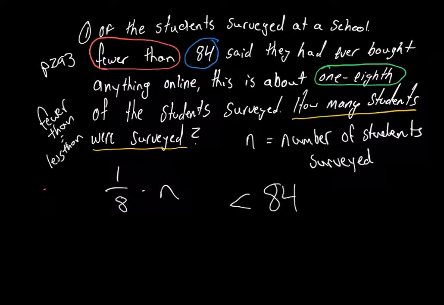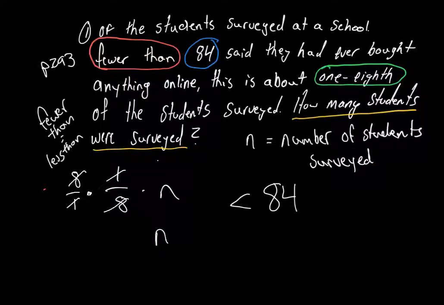Remember when we were doing equations, to do the inverse, the inverse of multiplication right here would be division. So we have to divide by 1/8. But remember, when we divide by a fraction, it's the same as when we turn it upside down and we multiply. So we get 8/1. This all cancels out.